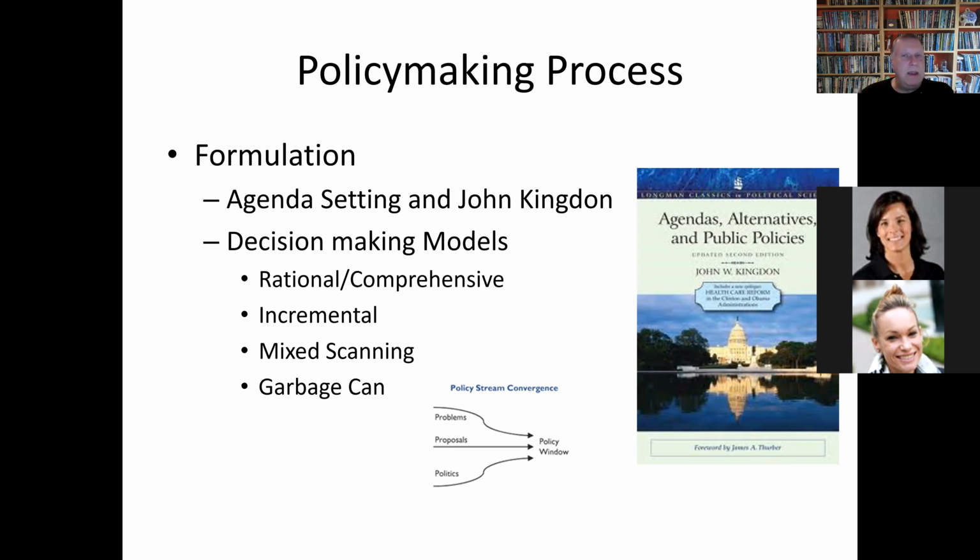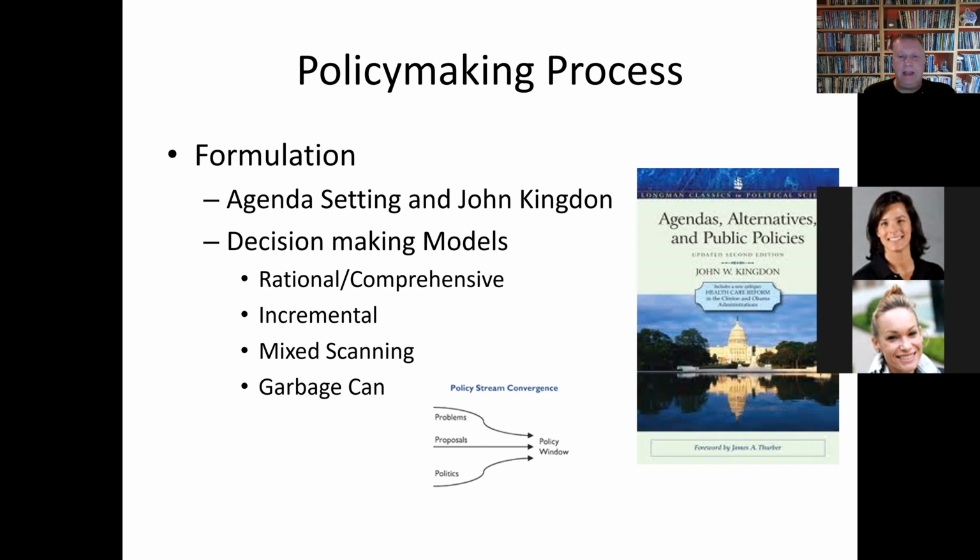So before we can make a policy or pass a law affecting any type of activity or affecting any type of issue, that issue must first make it onto the formal agenda of a decision-making body. So John Kingdon talked and wrote a lot about how issues make it onto formal decision-making agendas.